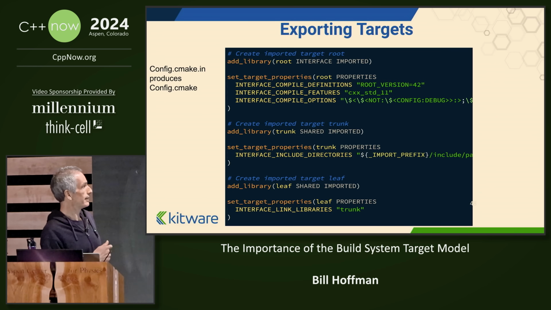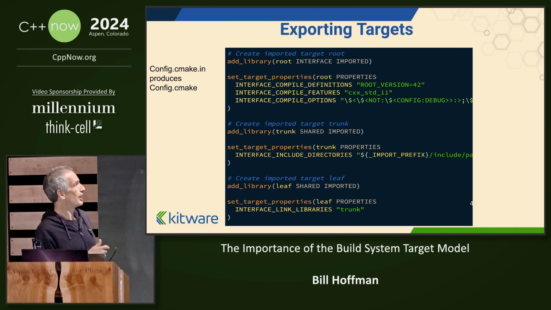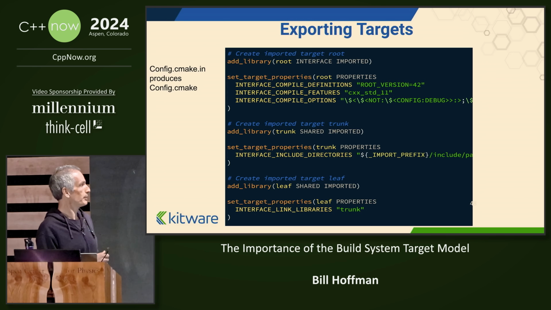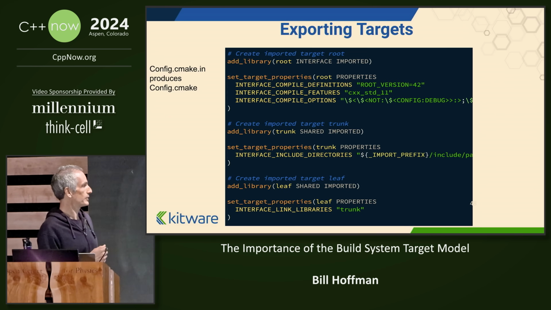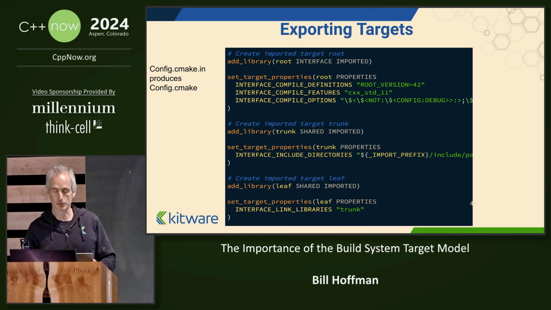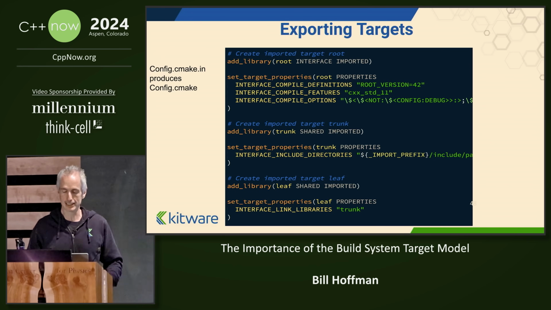And then I'm setting the compile definitions, compile features, some interface compile options. They can be based on different build types. I'm setting the include directories, and basically, CMake has the ability to do this and generate this for you.